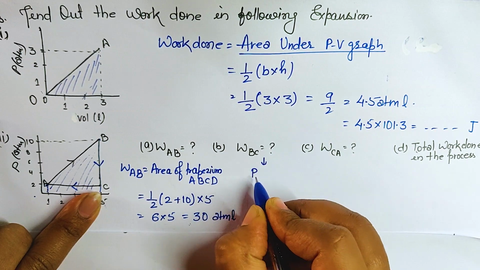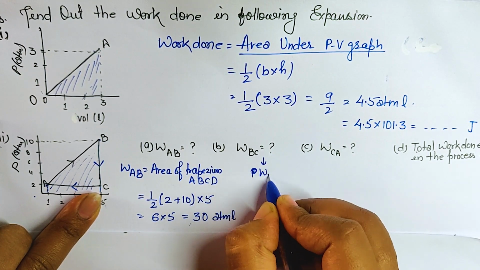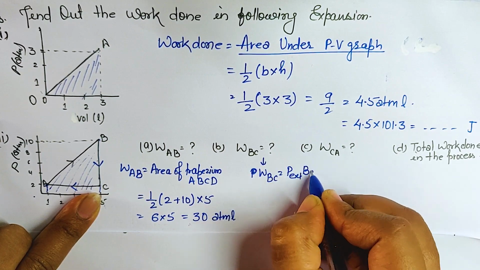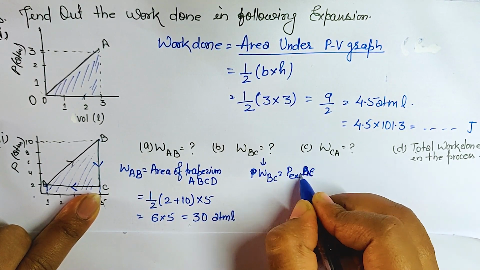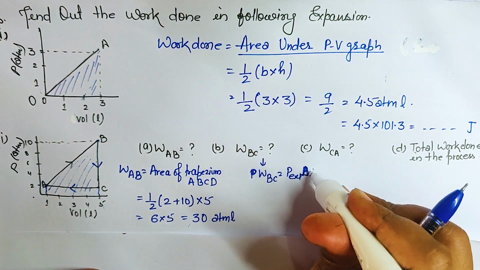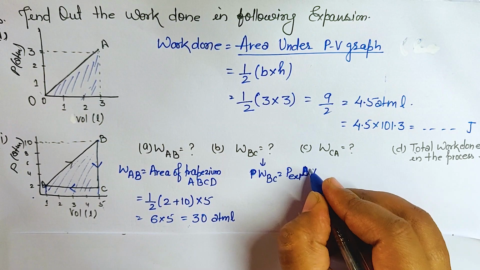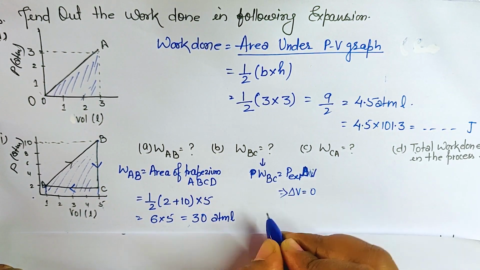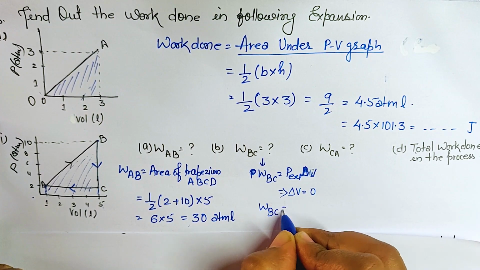So work BC will be P external into delta V, I will mention it afterwards. Here delta V is 0, so WBC will be 0, isn't it?